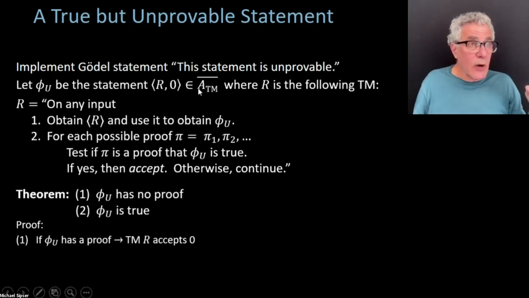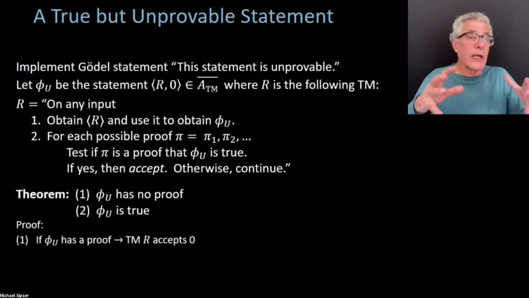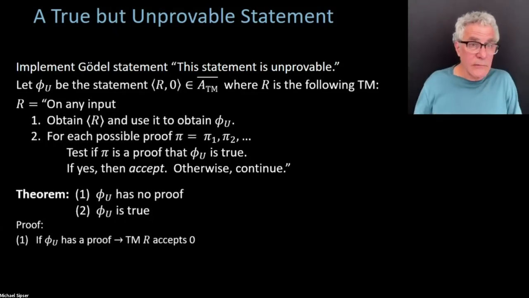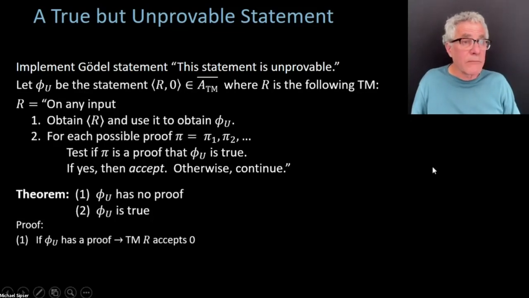So you can find a particular R using the recursion theorem where it's impossible to prove that R doesn't accept 0, even though by construction R does not accept 0. It's a little bit slippery there, because you have to understand what we mean by proof within the formal system versus our external form of reasoning, but that's taking us a little far afield.